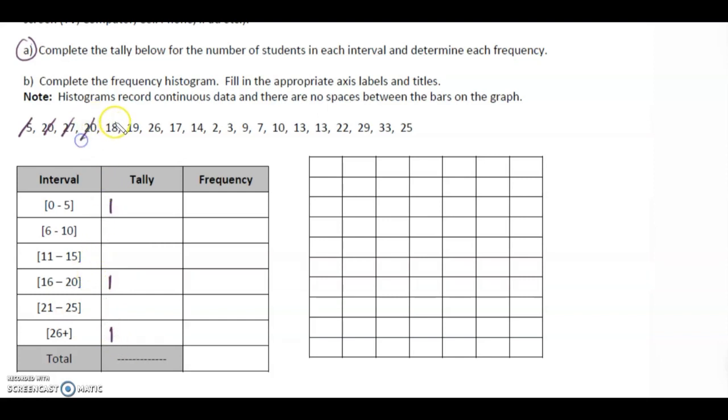Okay, 20, 18, 19. Those actually all go on the same interval. 20, 18, and 19. 26, 17, and 14.